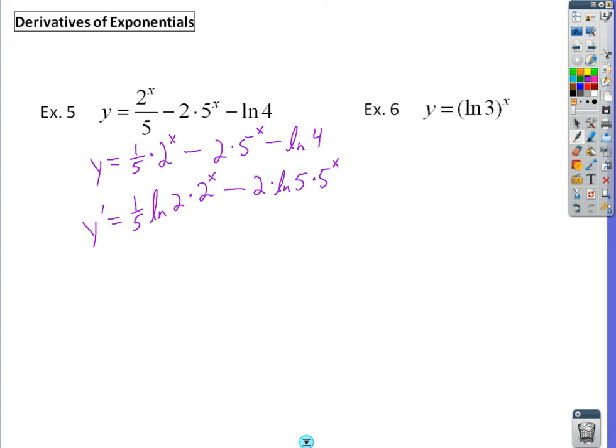And then to clean this up a little bit, there are going to be some things that you can do with your natural log rules that may help you out in finding multiple choice answers. So one of the things that you have to remember is that a number times a natural log can be rewritten as, let me change colors here, y prime is equal to natural log of 2 raised to the 1/5 power times 2 to the x minus natural log of 5 squared times 5 to the x.